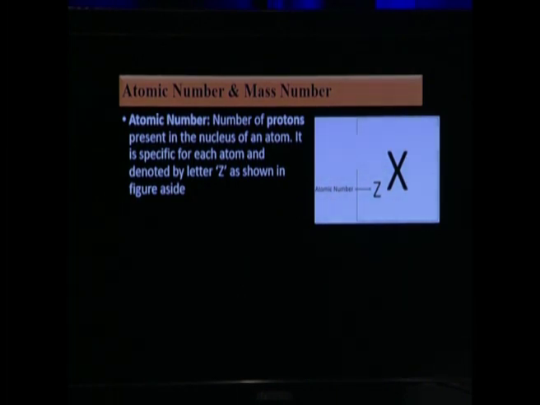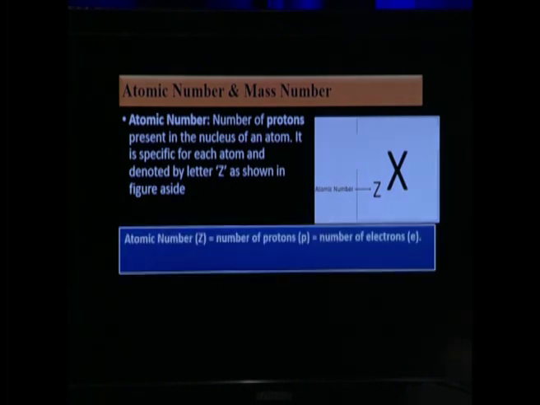So atomic number is denoted by letter Z. Now atomic number is equal to number of protons and is also equal to number of electrons present in the atom. So Z can be written as Z is equal to P that is equal to E, which means number of protons present in atom and number of electrons present in the atom will constitute the atomic number.